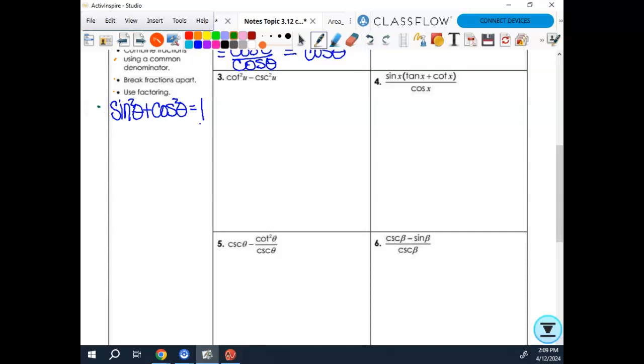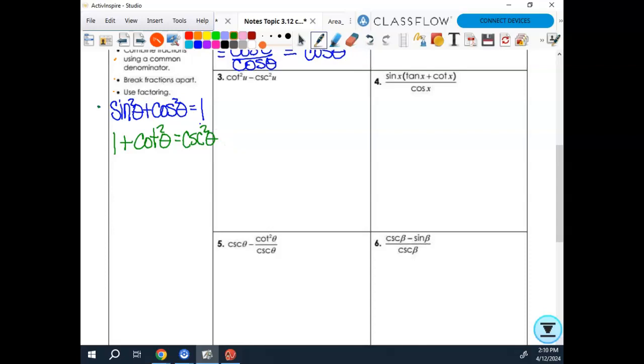If I take this and then divide each term by sine squared, sine squared divided by sine squared gives me 1. And then cosine squared divided by sine squared, cotangent, good. Cotangent squared theta. And then 1 over sine squared gives me cosecant squared theta. Cosecant squared theta, right?